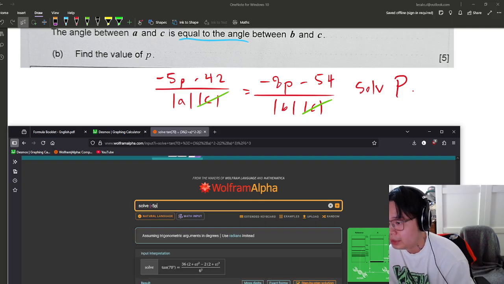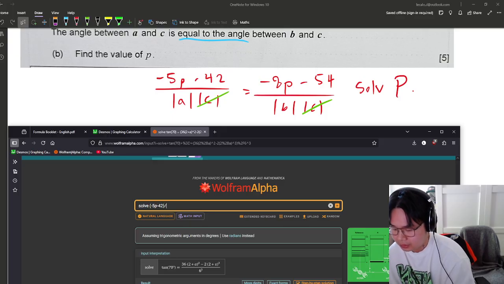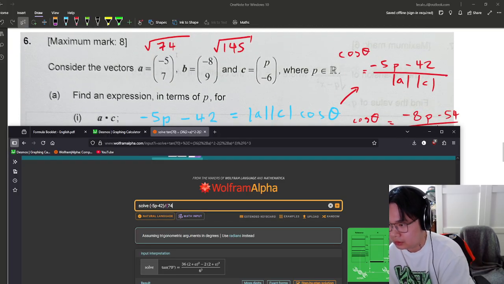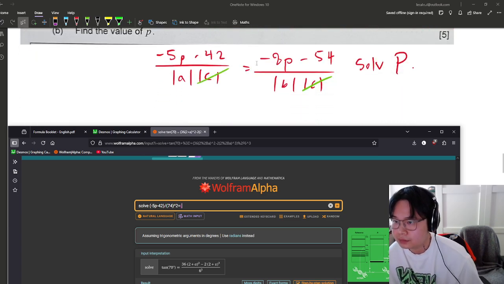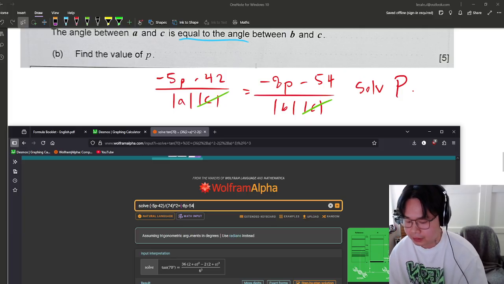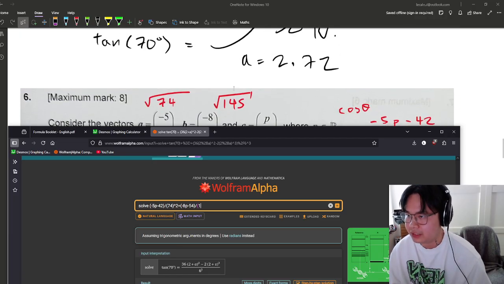Negative 5p minus 42 over 74 is equal to negative 8p minus 54 over, what was it, like 145?